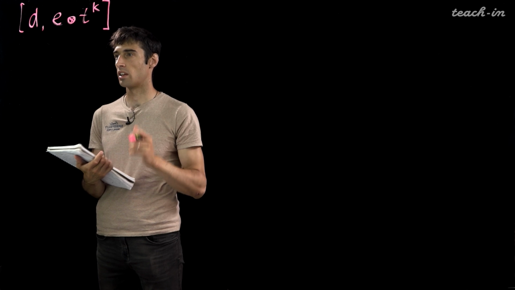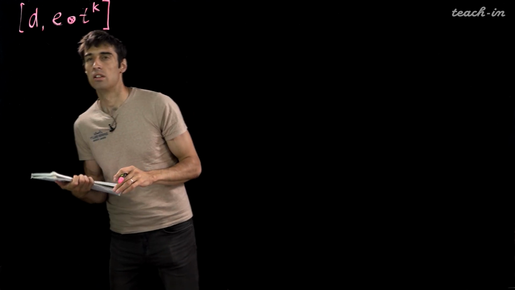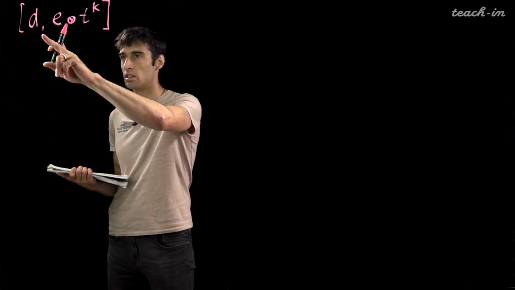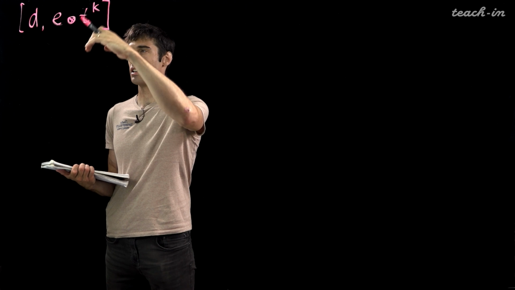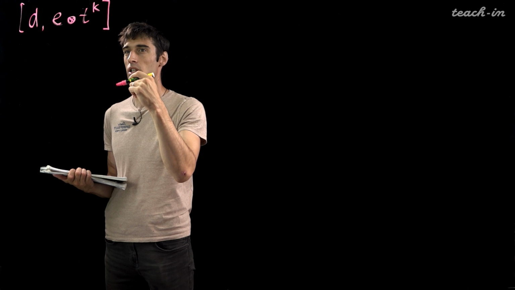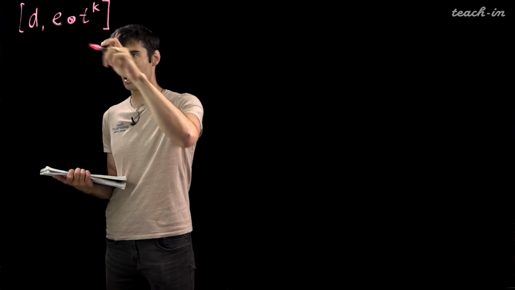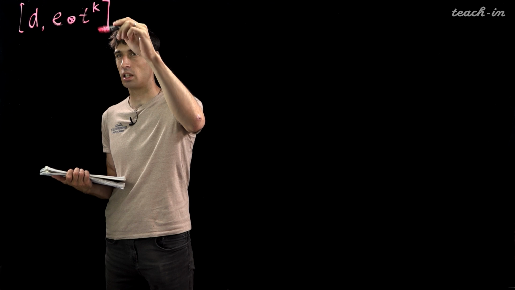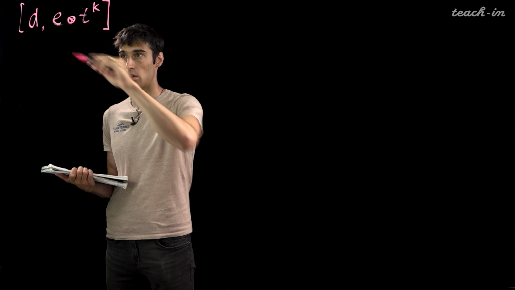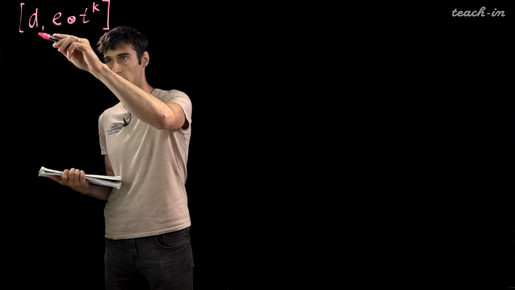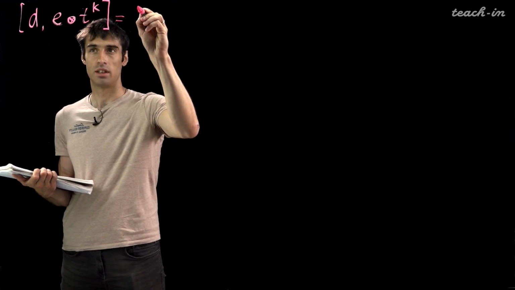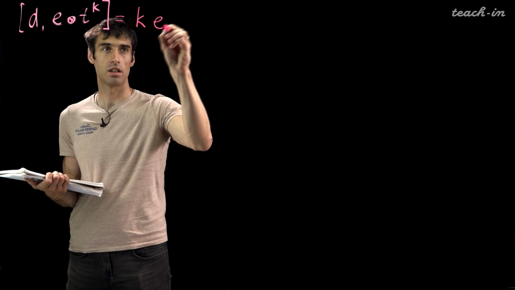If you trace all the definitions, commutation with D acts exactly as the derivation that we adjoined, and our derivation, if you remember, acting on this vector just gives me the degree of this vector, which is k. Therefore, the commutator of D with such a vector is just k times E tensor T^k.